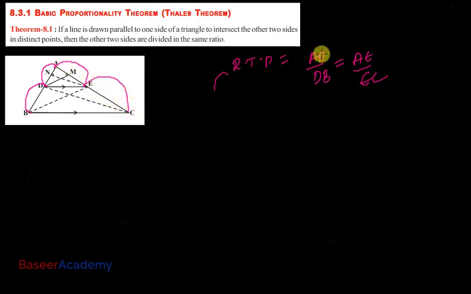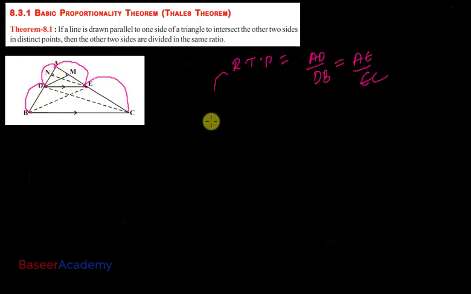Now we have to prove that AD by DB is equal to AE by EC. I'll take a triangle in which AD is a part, so AD is a part of this triangle ADE.